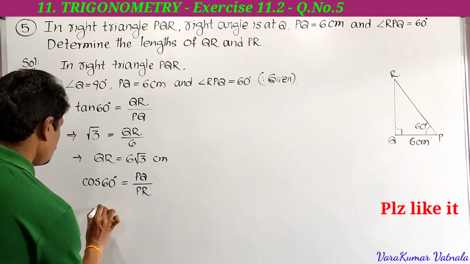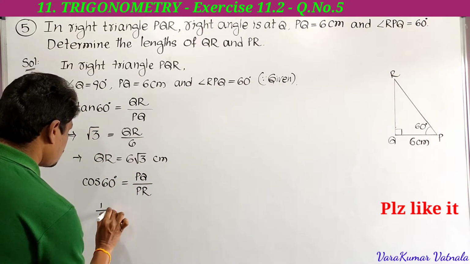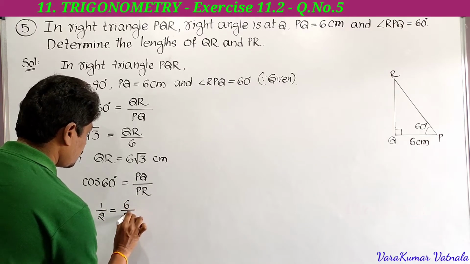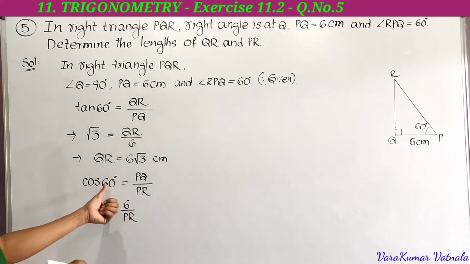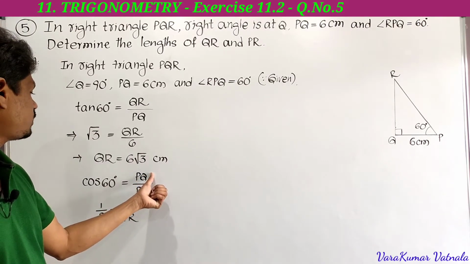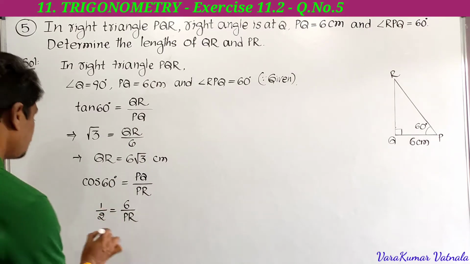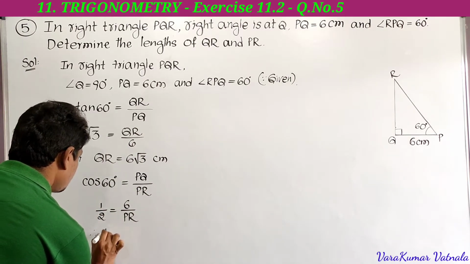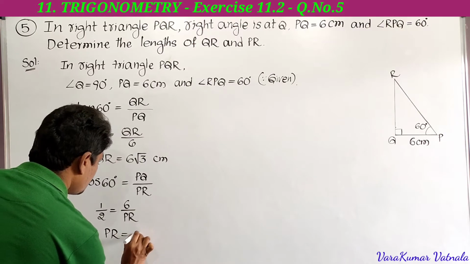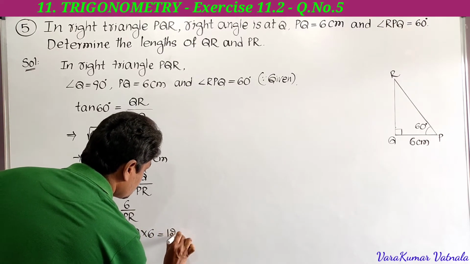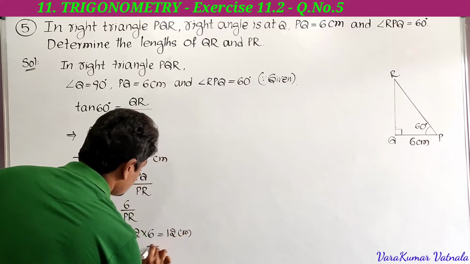Cos 60 value is 1 by 2, and PQ value is 6 divided by PR. So by cross multiplication, PR equals 2 into 6, that is 12 centimeters. PR is equal to 12 centimeters.